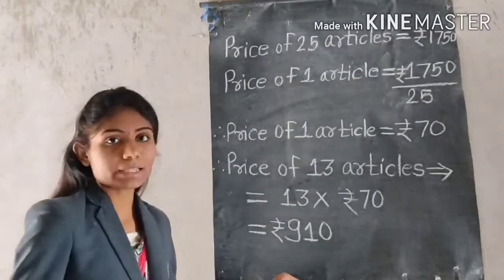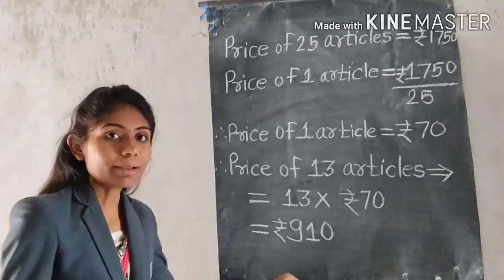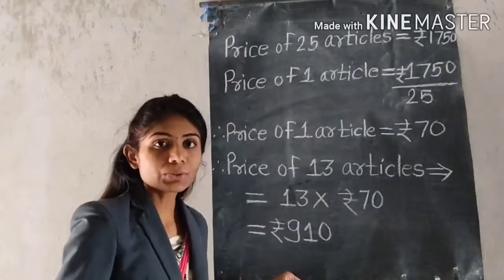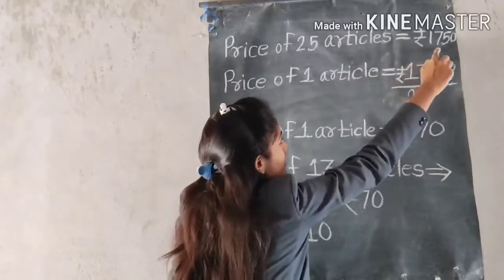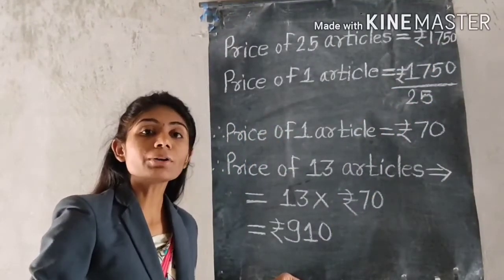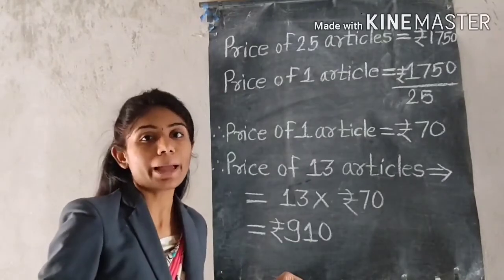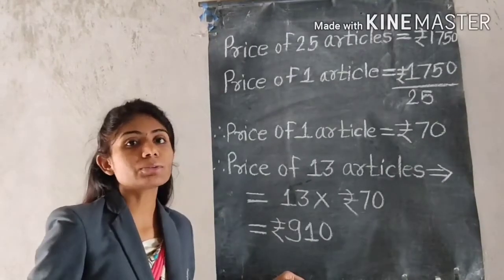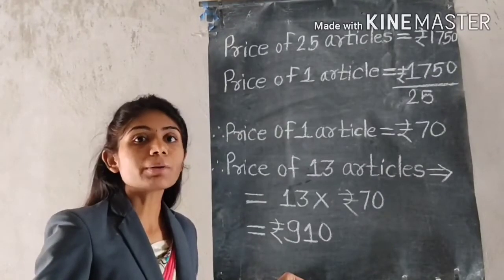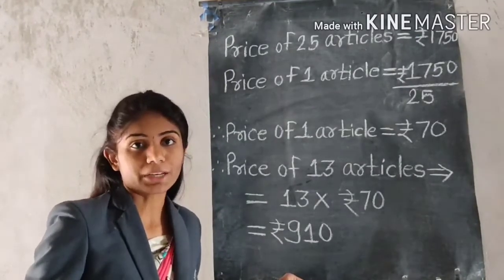First we will write the given. The given is the price of 25 articles is equal to rupees 1750. We want to find first the value of one article. Whenever we want to find the value of one or single quantity, we need to perform the division operation.